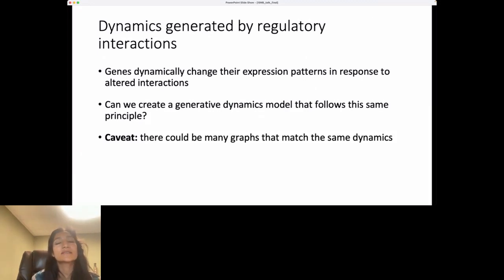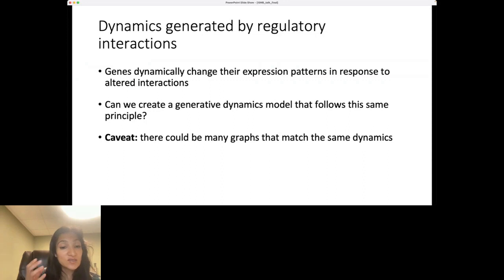Our idea was that when you see a cellular trajectory, what that really means is that all the genes are changing temporally. But these gene changes are a result of changes in expression patterns in response to altered interactions between regulatory components. So can we actually get the neural network to model those generative dynamics that follow these principles?